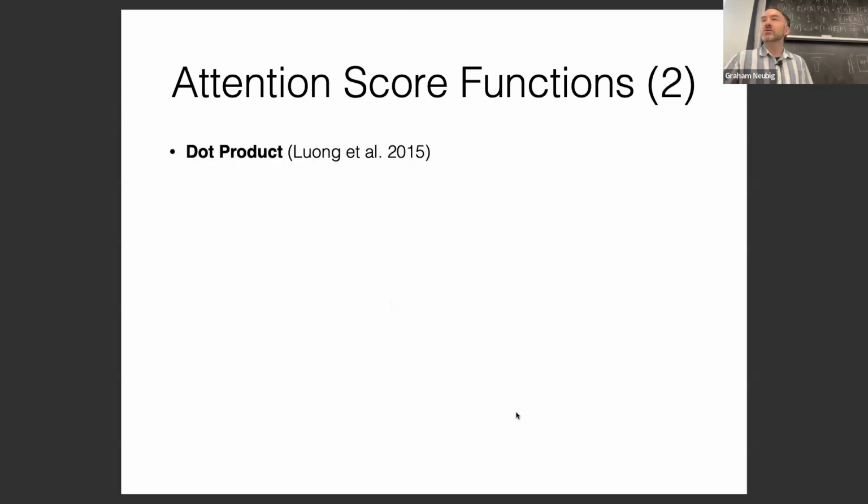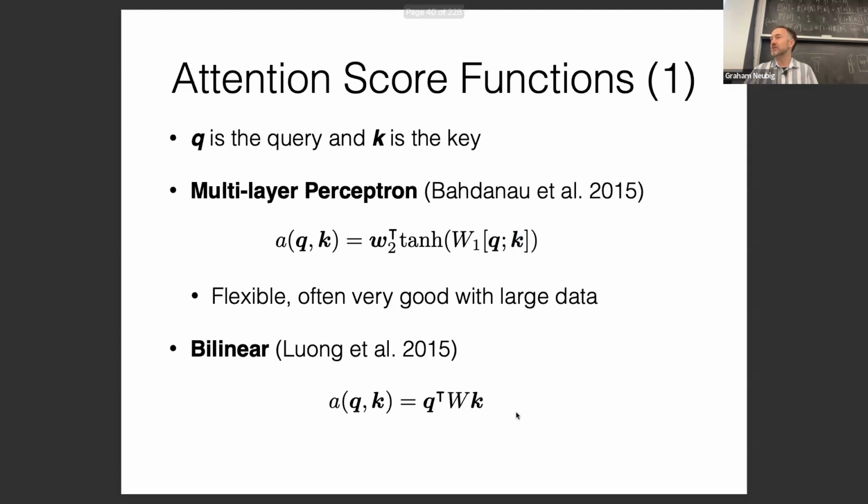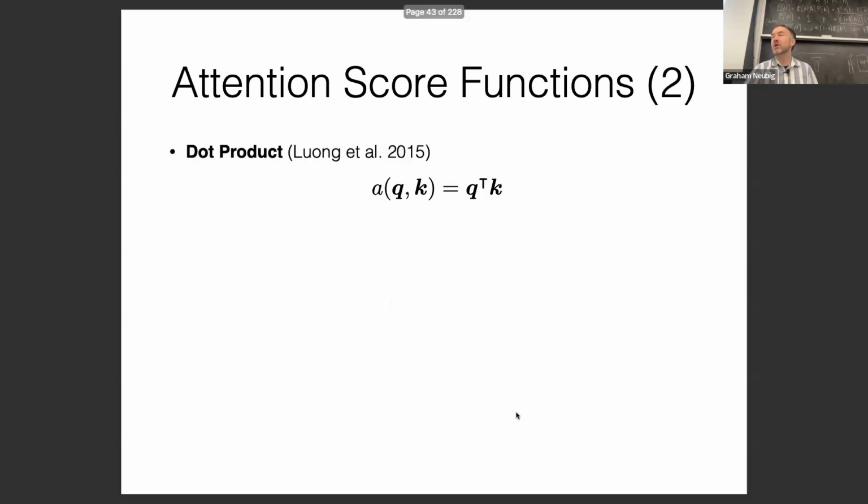Another thing that was tried previously, but we don't really use anymore, is just taking the dot product between the two vectors. The reason we don't do this is that, whereas the multi-layer perceptron is essentially too flexible, allowing you to do too many things without a strong enough bias, the dot product is not flexible enough, because it says that the query and key vectors need to be in the same space.